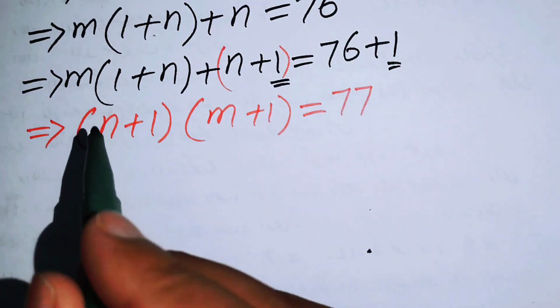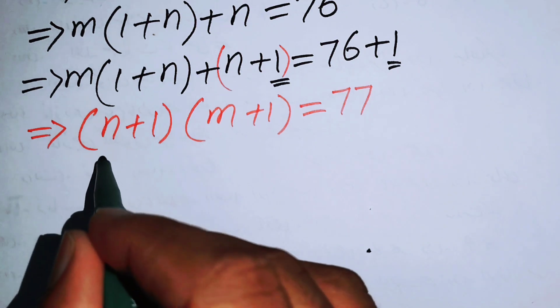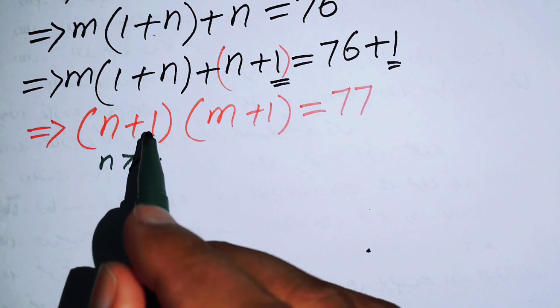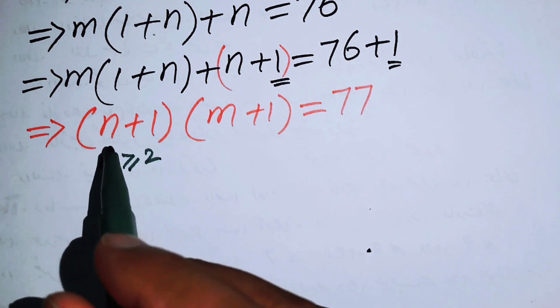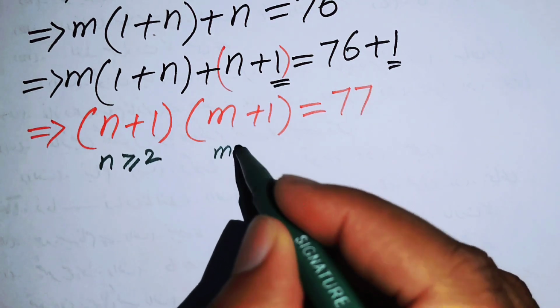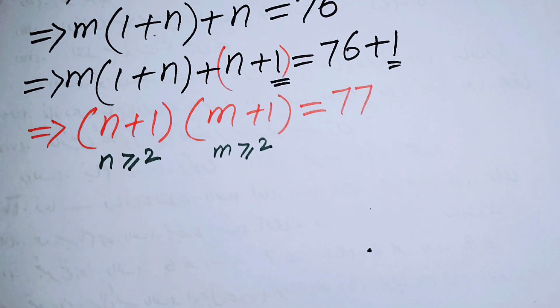If they are positive integers, then n must be greater than or equal to 2, because it is n plus 1, and when you put any positive integer here, you get n greater than or equal to 2. Similarly, m is also greater than or equal to 2 for positive integer values of m.